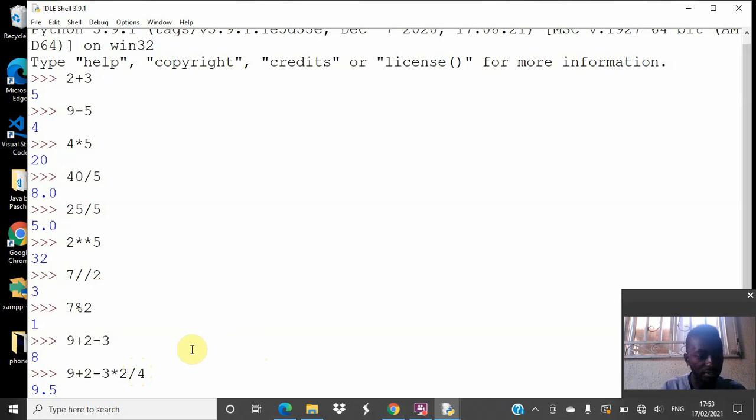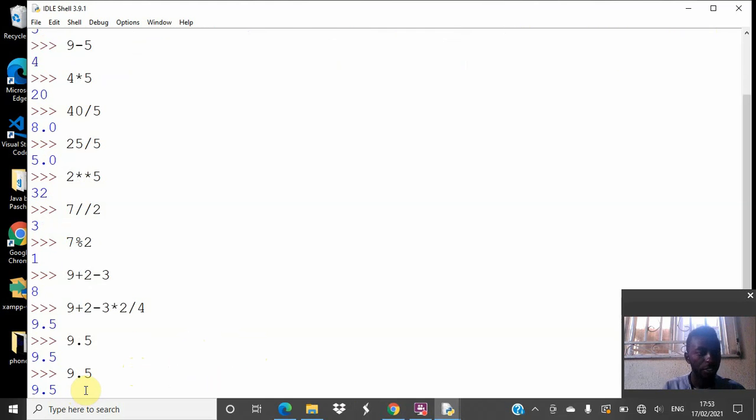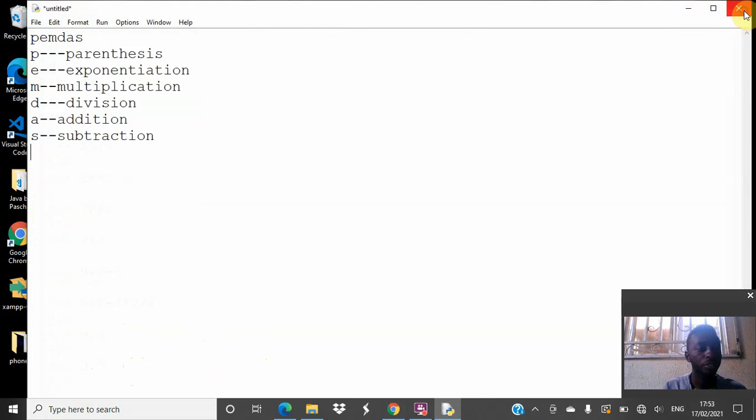Now let us look at the case whereby the parenthesis is involved. Okay, let me just open up another interactive shell window. Sorry for that.